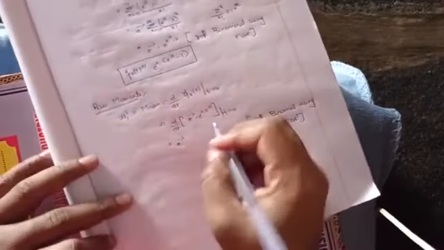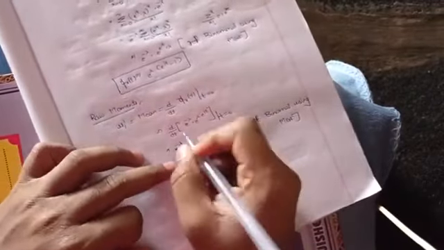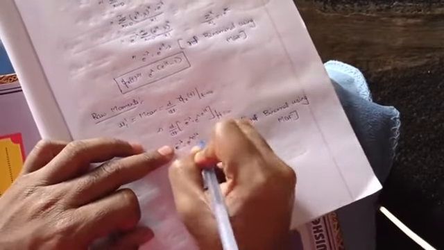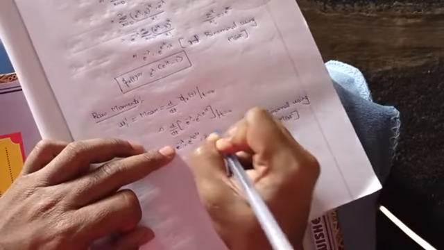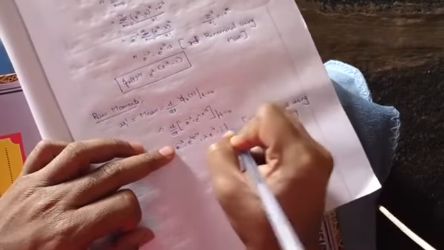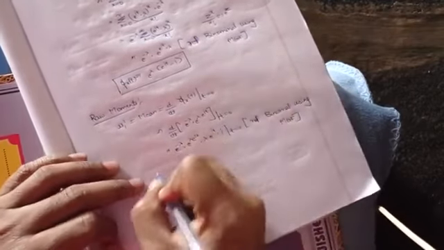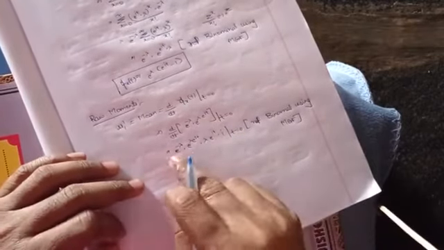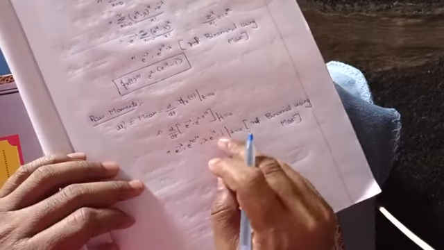So I will write directly: e power lambda e power i t into lambda e power i t into i, at t equal to 0. If you refer to my previous video, you will understand why this step occurs. In case not, I will explain, no problem.